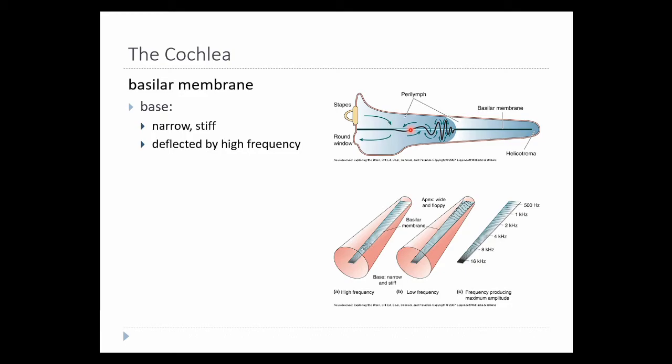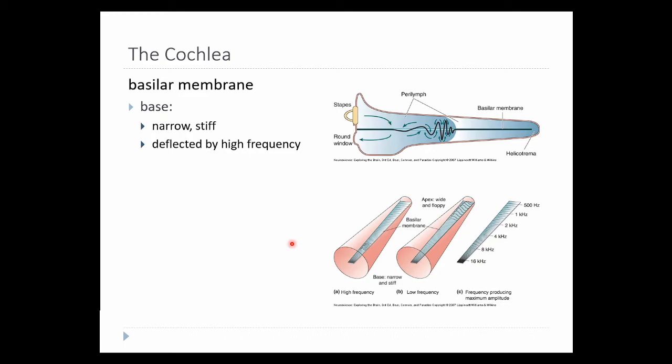And so the degree to which the basilar membrane moves is partly a function of its shape. So the base and the apex of the basilar membrane have slightly different properties. The base is actually slightly narrower, even though the chamber itself is larger. The base of the basilar membrane is narrow and relatively stiff, meaning that it takes a little bit more to cause it to move.